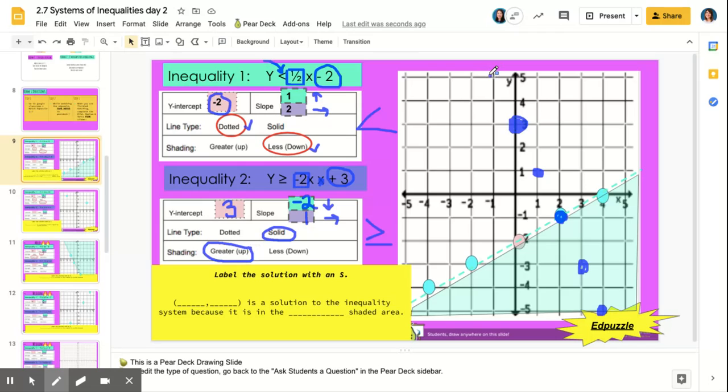So I'm going to connect it as a solid line, and my shading is going to be up. So up would be in this direction. Again, if you're not sure, pick a point, draw an arrow up, and that means I'm going to color in this side.